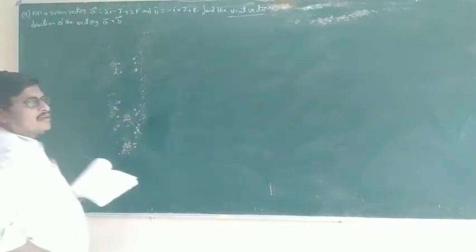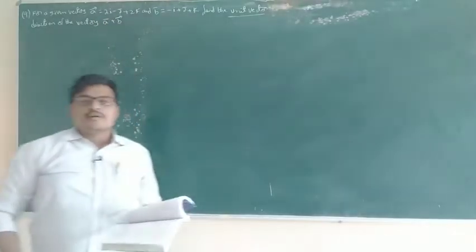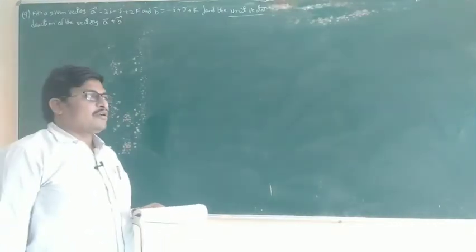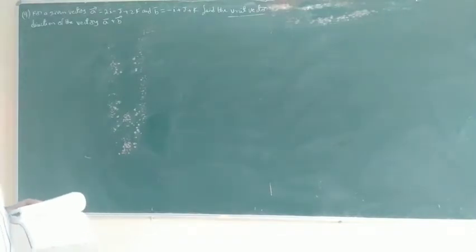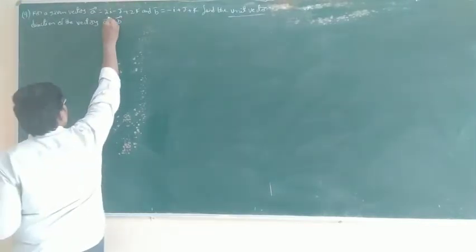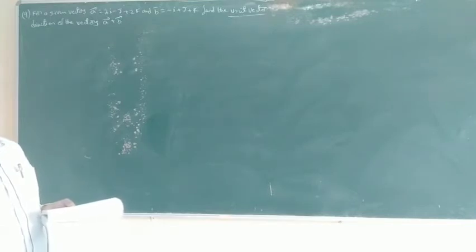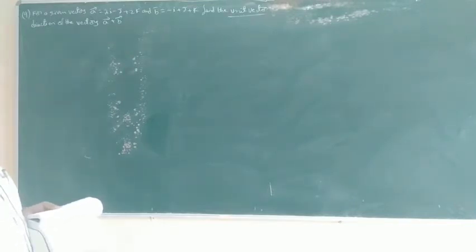The unit vector of a bar is a cap, equal to a bar by mod a bar. The unit vector of a bar plus b bar is (a plus b) whole cap by mod a plus b.